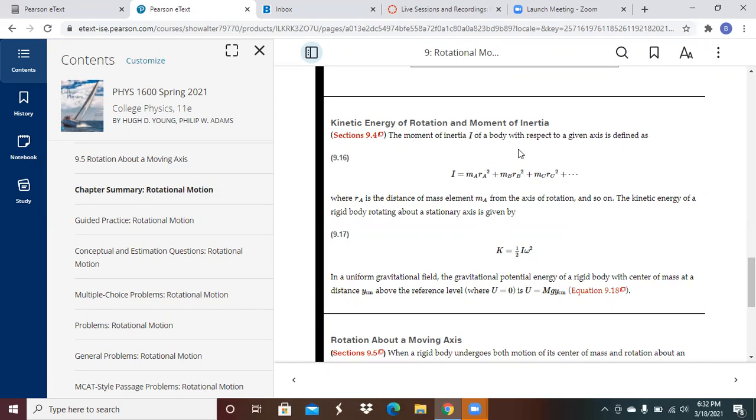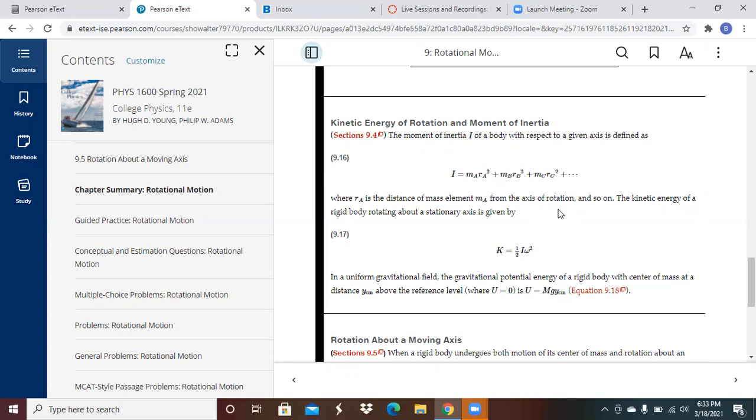So if you are able to have discrete values, then you can go through and use this particular formula on each one of those discrete values. A lot of times you're going to have a solid object, and so it's going to be more complex than that. But R sub A is going to be the distance of mass element M sub A from the axis of rotation. And then you get the idea for M sub B and M sub C.